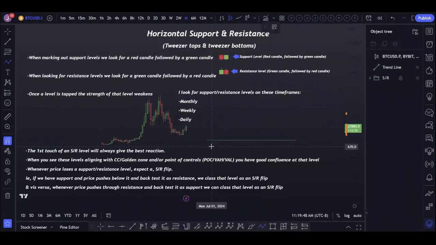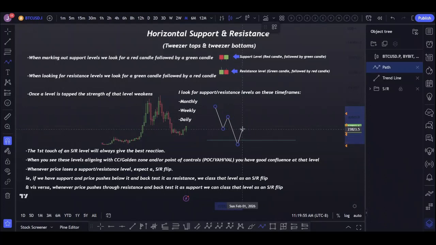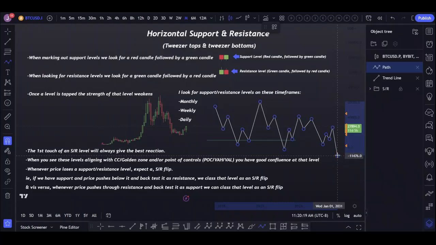If price is working its way down and then it taps the level, gets a reaction from the level, and let's say that this tap was a daily candle, a weekly candle. Well, the second time it comes back around, you're not going to expect it to give this reaction that it initially gave. You're going to expect the reaction to be a little bit weaker, right? And then if it comes back down again, you're going to expect the reaction to be a little bit weaker until it eventually falls through the level.